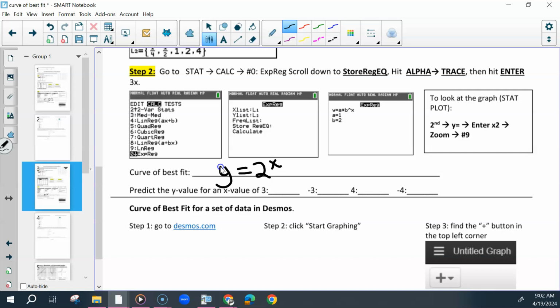If you have one of these y values, go ahead and say that out loud. We're looking for when x is 3, when x is negative 3. And if you can't find it, now would be the time to ask.